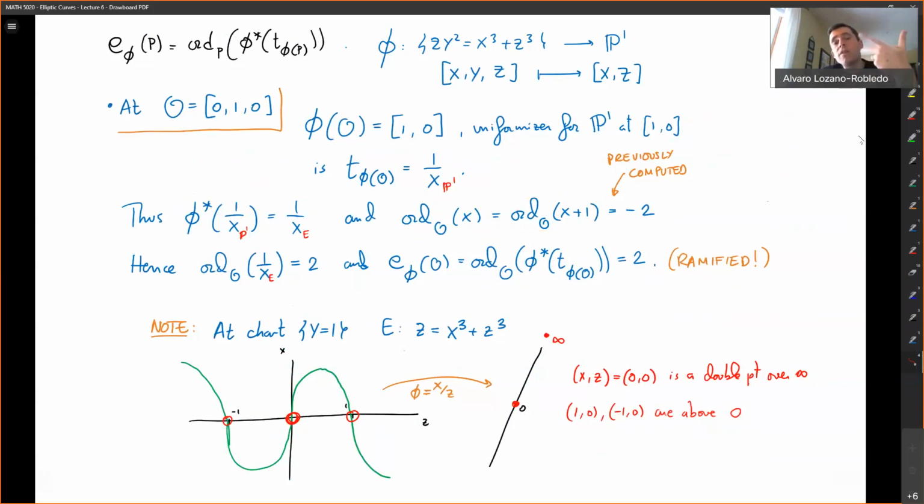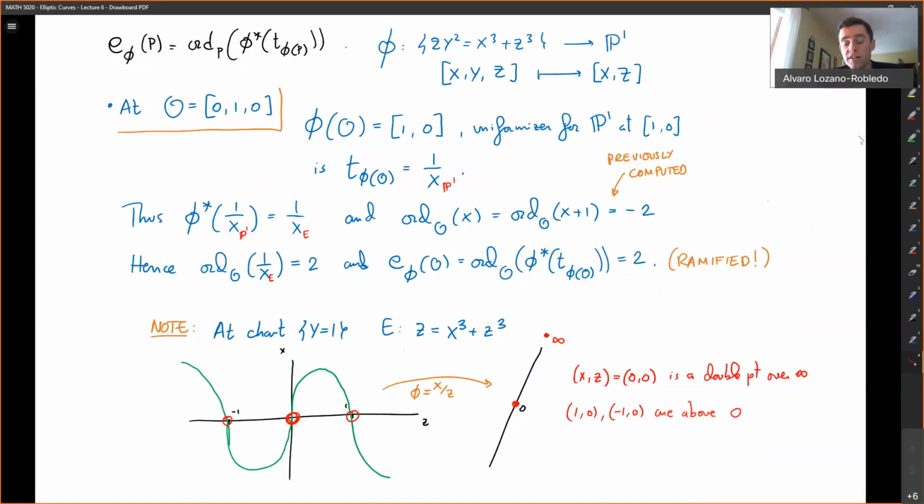What I'm saying is that there is a pole of order 2 at X plus 1. 1 doesn't have any poles, so the pole has to be at X. So that's why the order at X and the order of X plus 1 at O is both minus 2, a pole. All right. So then we have that the order of 1 over X at O is 2, and that gives me, through the formula, the ramification, and there is ramification at O.